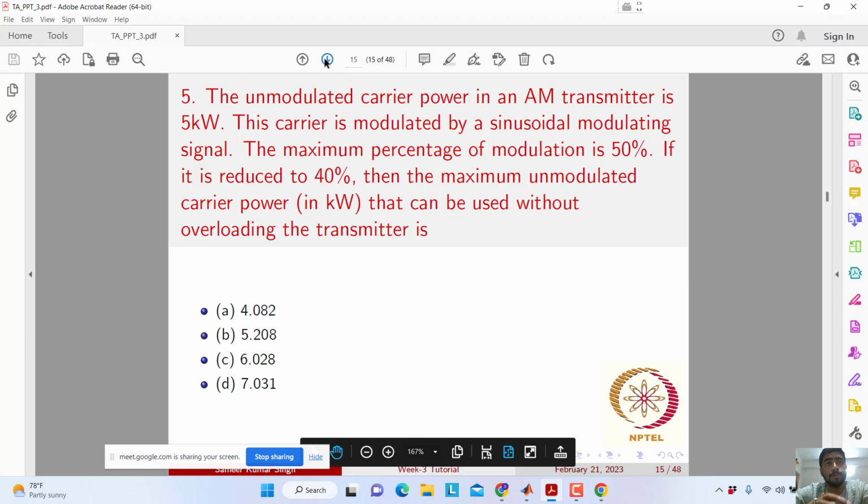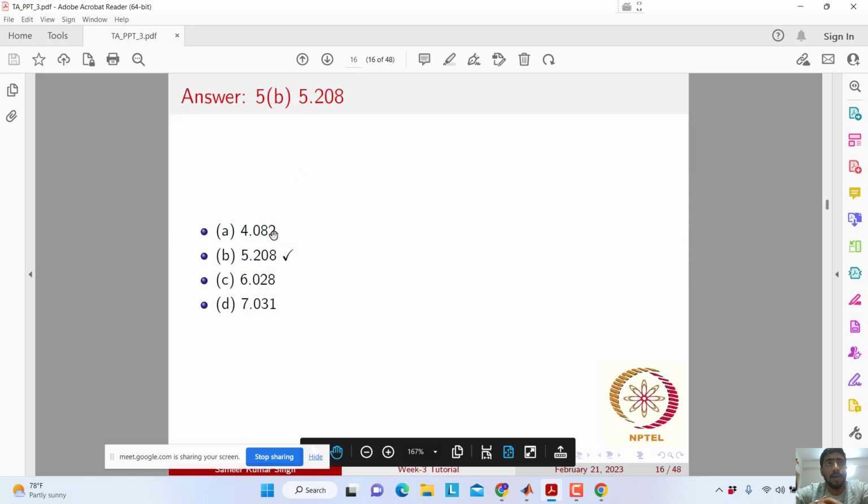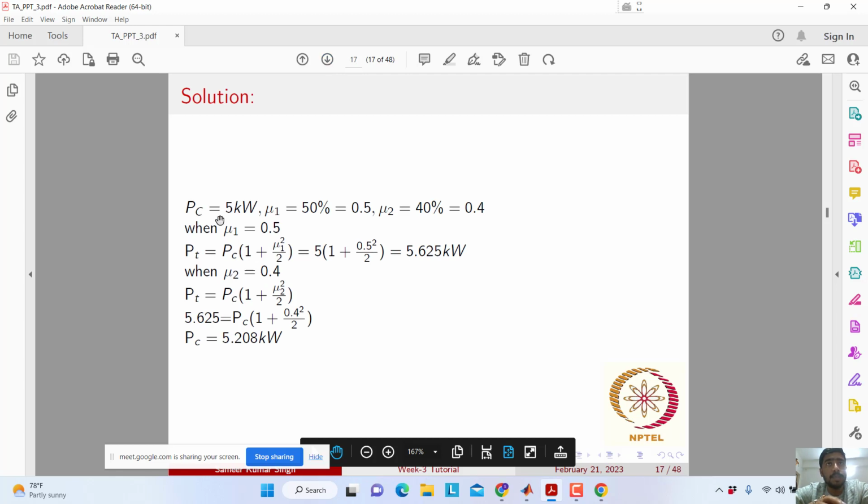So first of all, we will go for the solution. The answer will be part B, and how it comes we will see. Firstly, given is our carrier power 5 kilowatt, modulation index is given 0.5, 50%, and for the second case it becomes 0.4. So from the first case we will get PT. PT is equal to PC into 1 plus mu square by 2.